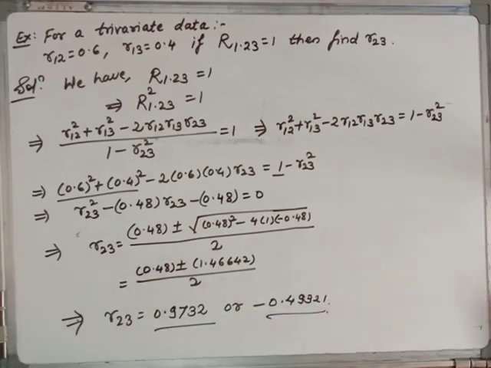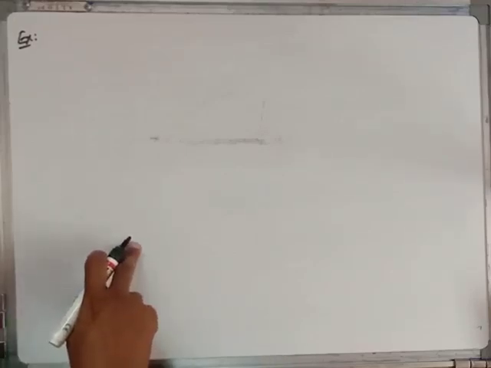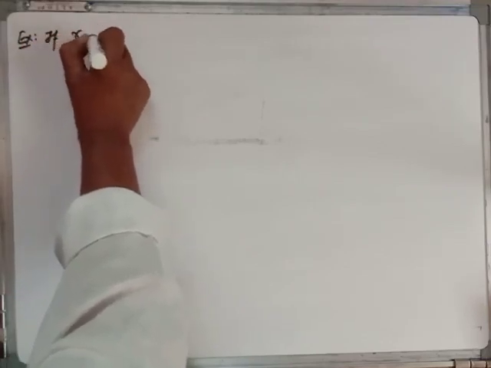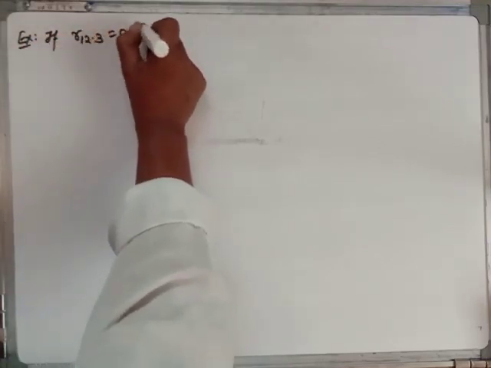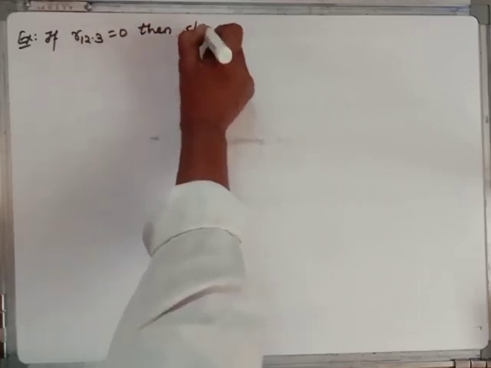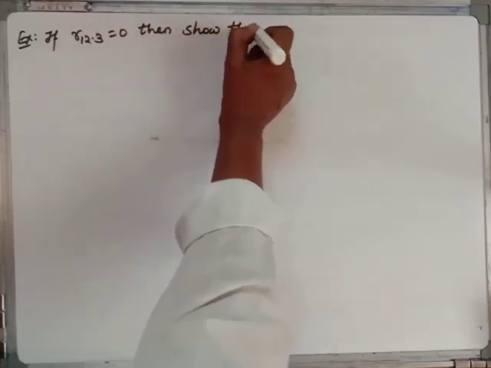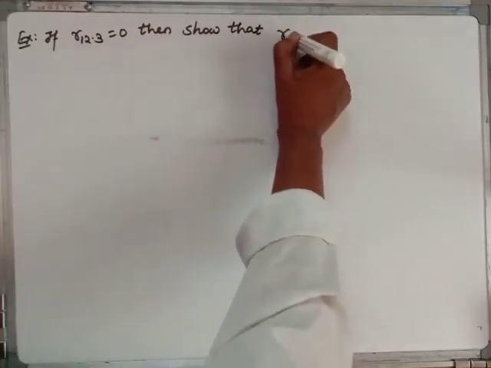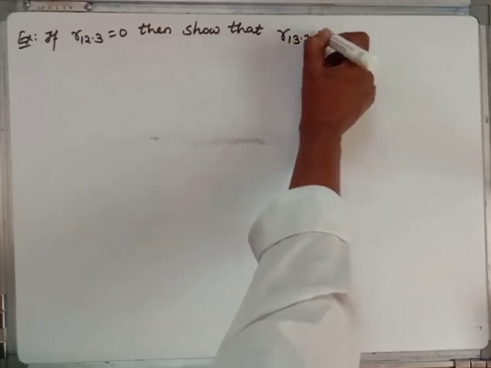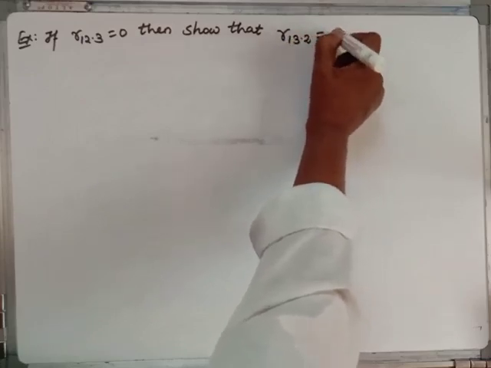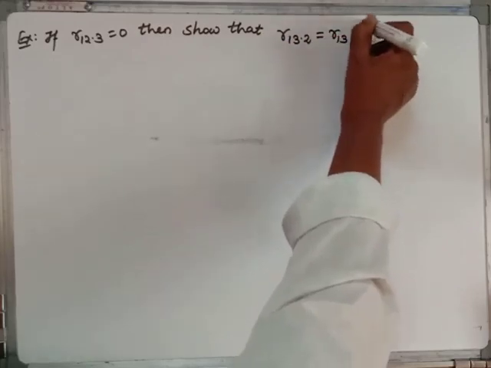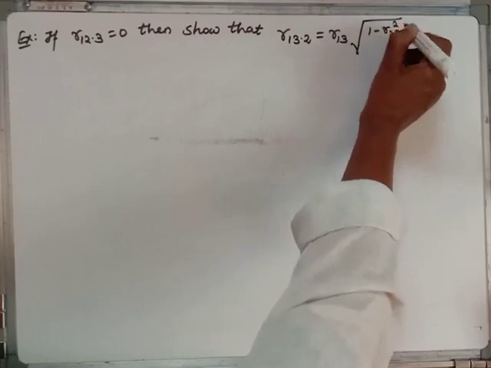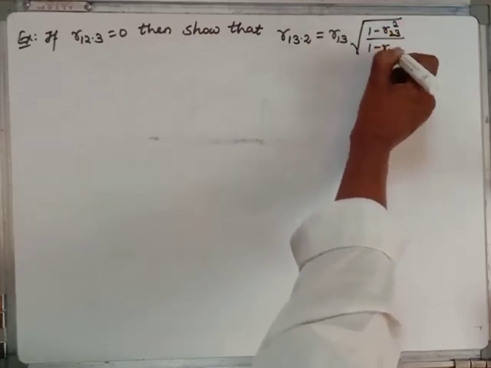The next example says, if R12.3 is 0, then show that R13.2 equal to R13 into root of 1 minus R23 square upon 1 minus R12 square.